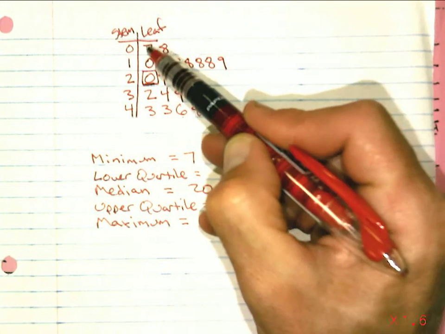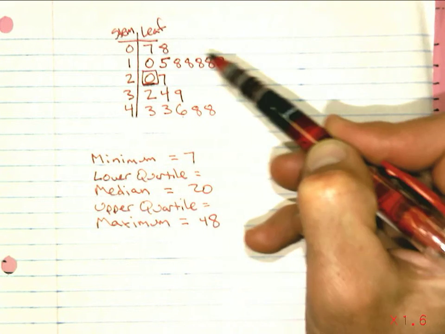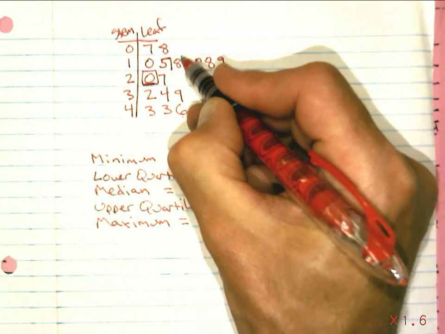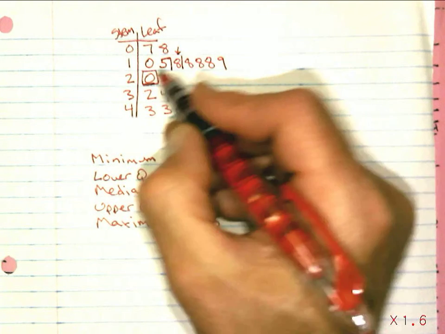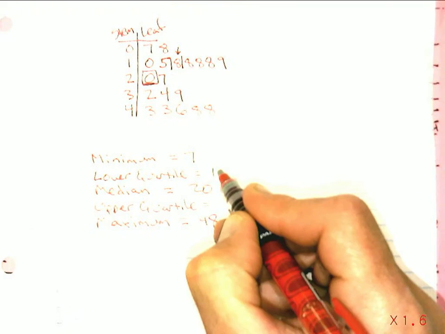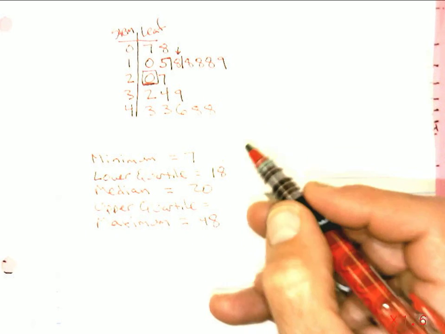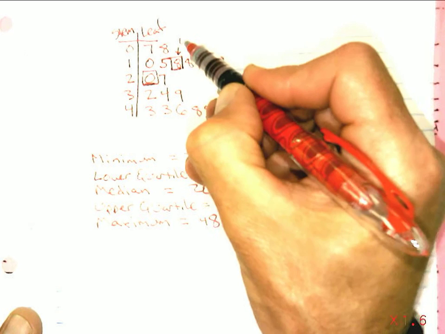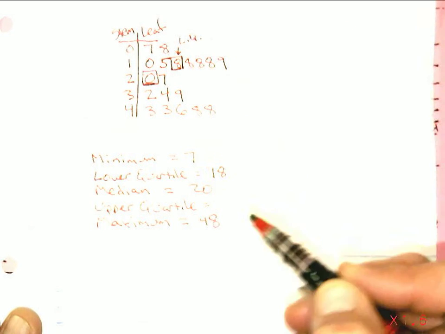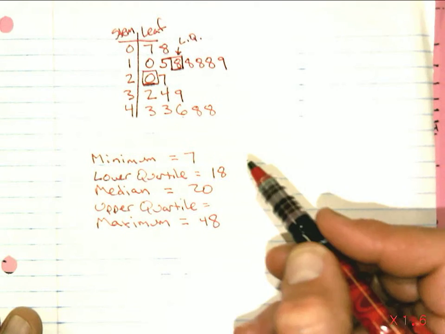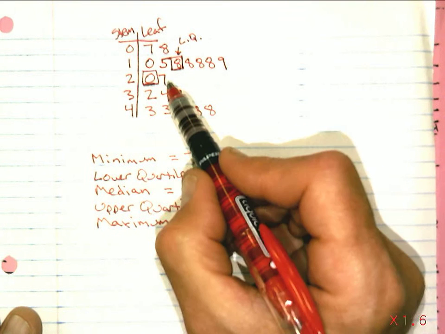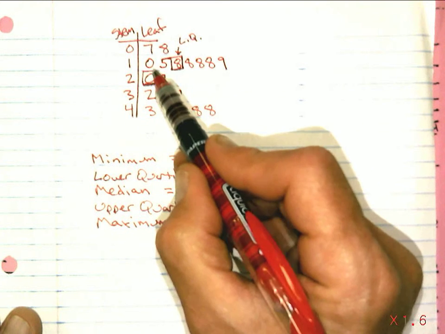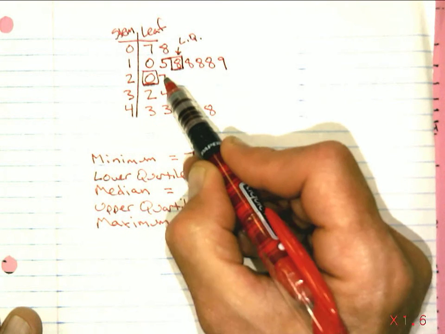So at the fifth there, 4 on either side of this number, right there 18 is the lower quartile. So again, I'm trying to find the middle of the bottom. This is the lower quartile, and I'm also trying to find the middle of the top. So I'm going to do the same thing at the top, excluding this middle number, because it's the middle. We're going to just forget it now.